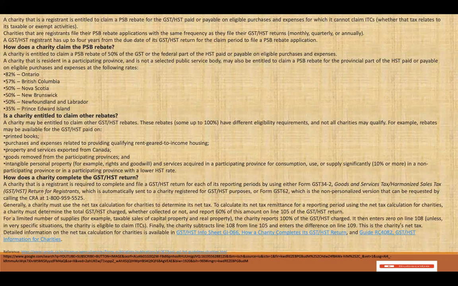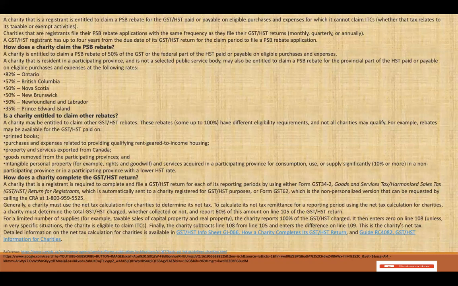A charity that is resident in a participating province and is not a selected public service body may be entitled to claim a PSB rebate for the provincial part of the HST paid or payable. For Ontario it is 82%, for British Columbia 57%, Nova Scotia 50%, New Brunswick 50%, Newfoundland and Labrador 50%, and Prince Edward Island 33%.